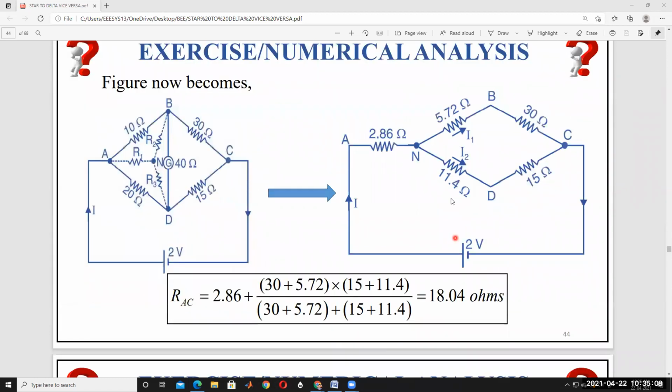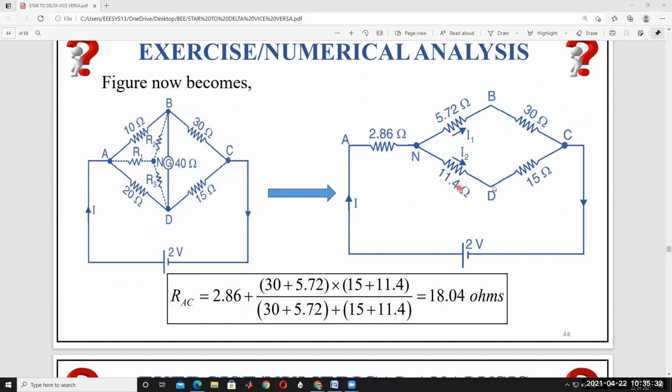Okay, so like this, it is converted in this manner, the same network. So R2 and the 30 ohm resistor become series, that is 5.72, and this resistor and the 15 ohm resistor, R3, become series.